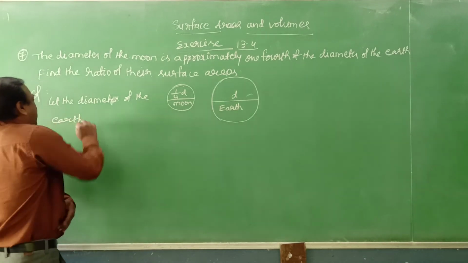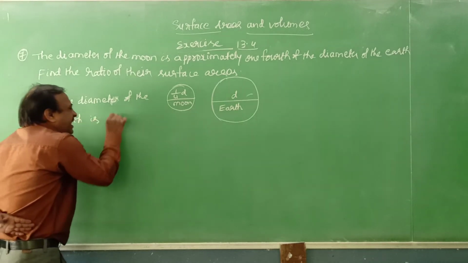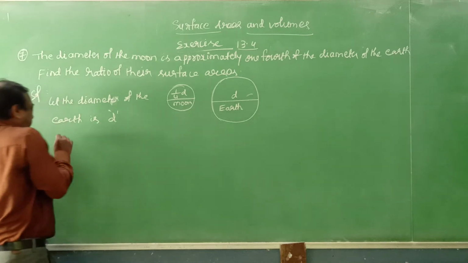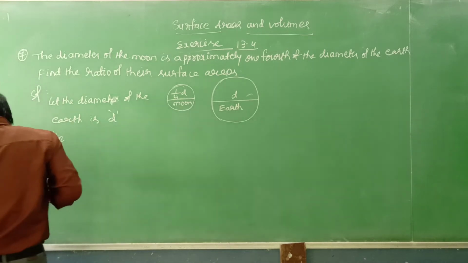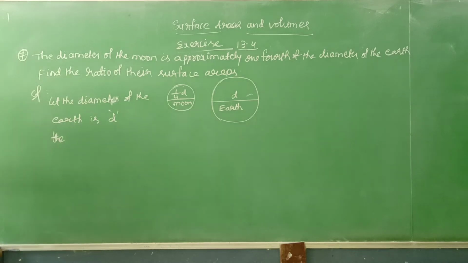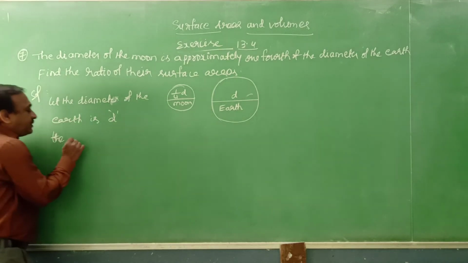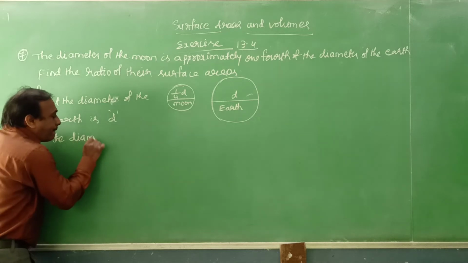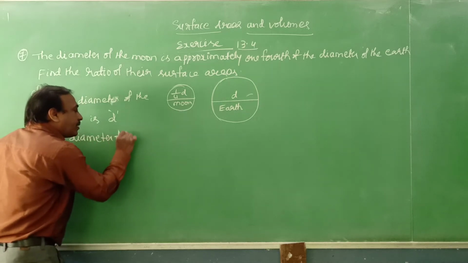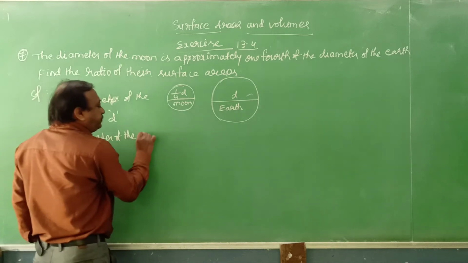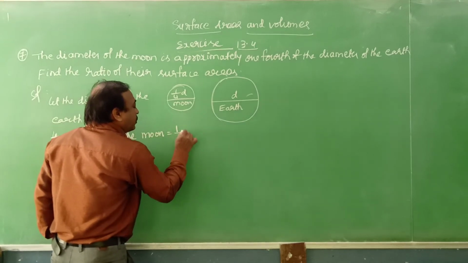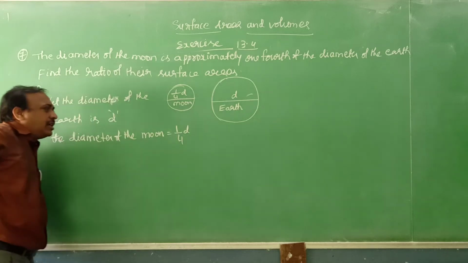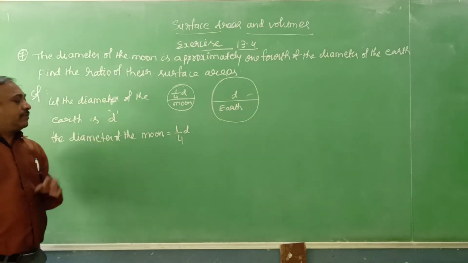Let the diameter of the earth be d, then the diameter of the moon is 1/4 of d.